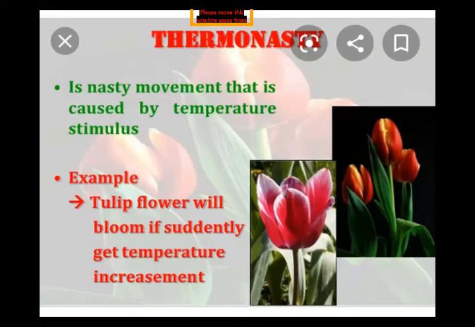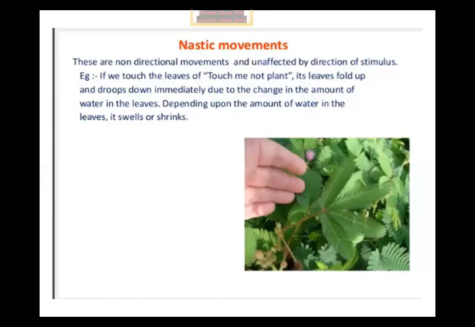If the temperature is high, some flowers close like the tulip flower, and it suddenly closes by taking high temperature. Some parts of the plant close when we touch them. For example, the leaves of touch me not close after touching the leaves.